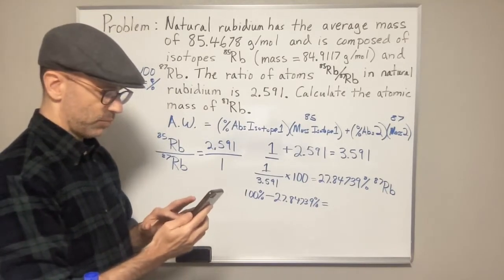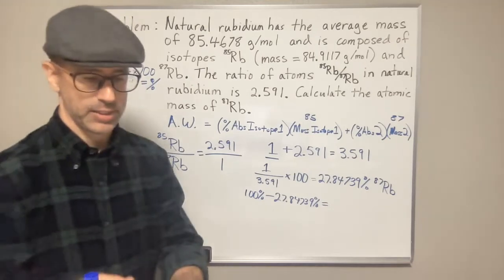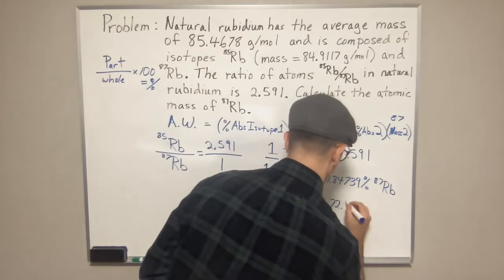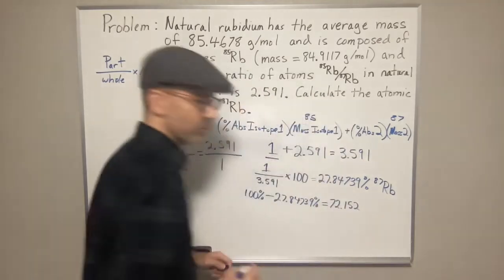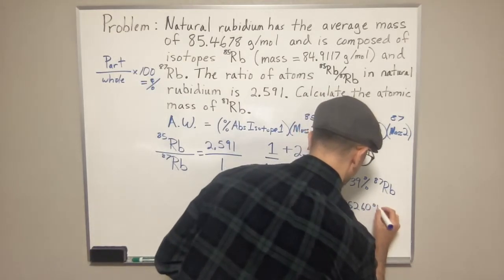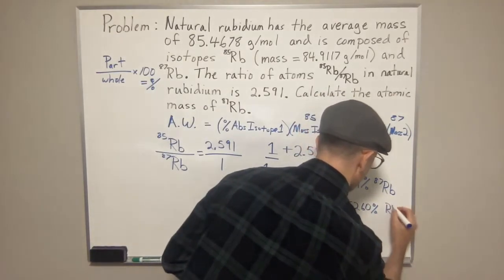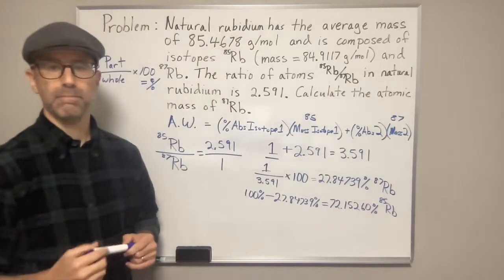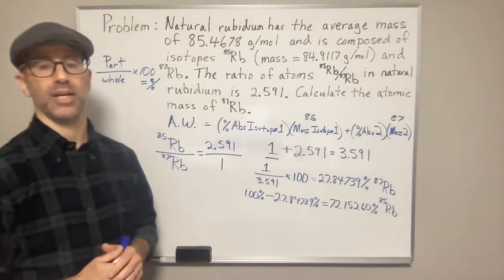So I subtract and I get 72.15260 percent, and that's rubidium-85. Okay, so now we have our percent abundances.